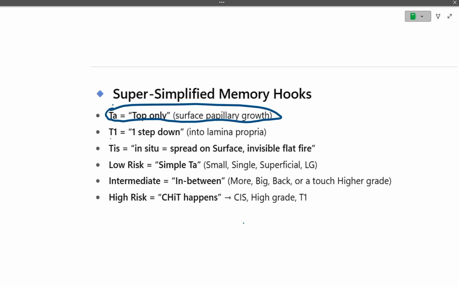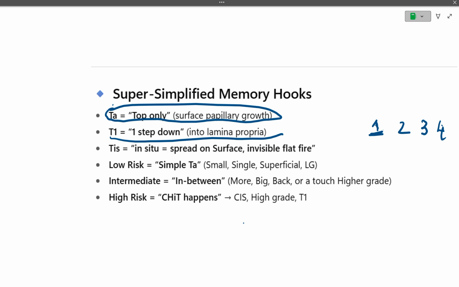T1 is one step down into the lamina propria. T2 is two steps down, into the lamina propria and the muscle layer. T3 is three steps down, and T4 is four steps down. Tis is carcinoma in situ, which spreads on the surface.